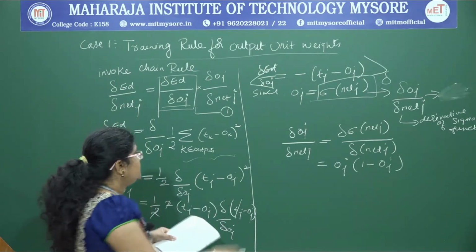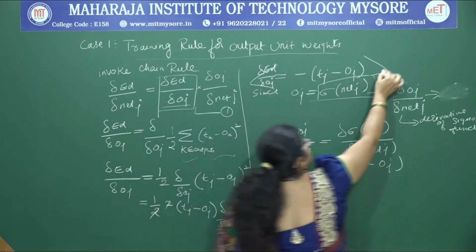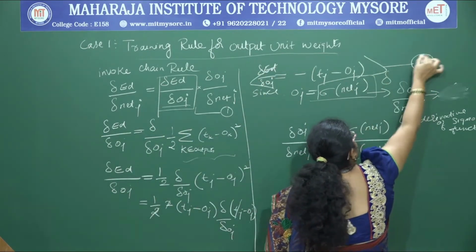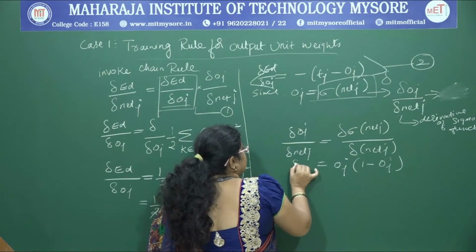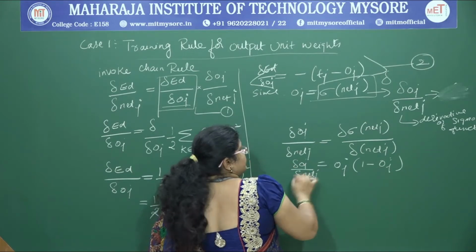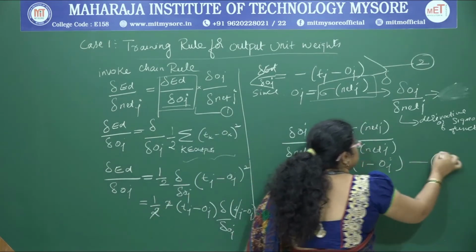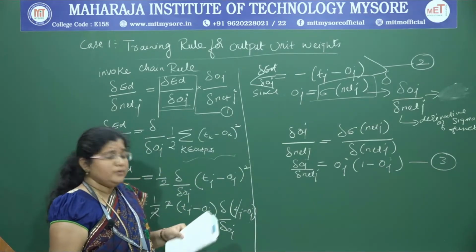Now we have got the first term, let us consider it equation number 2, and we have the second term, delta Oj by delta net j. This is the third equation. So substitute these two equations in equation number 1.